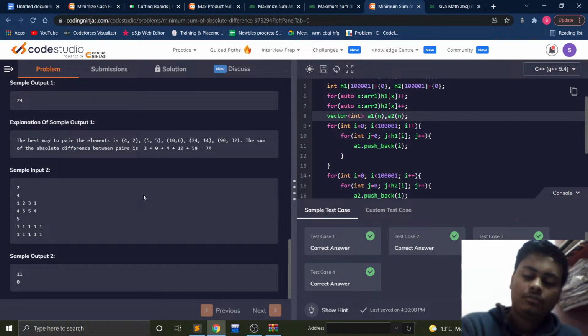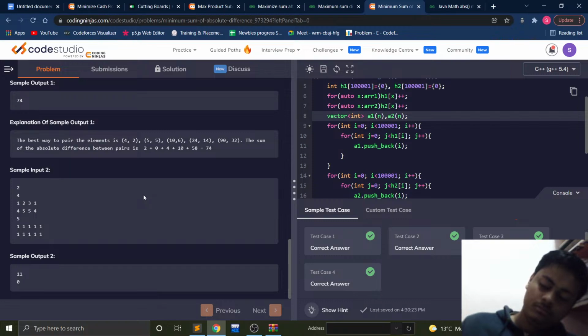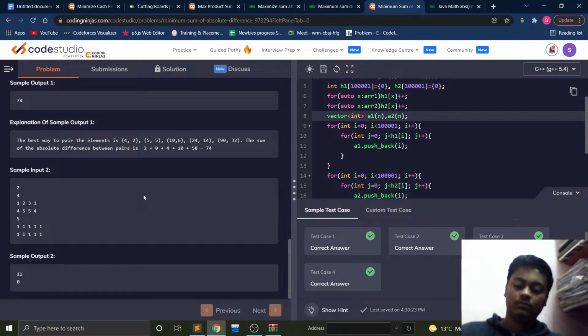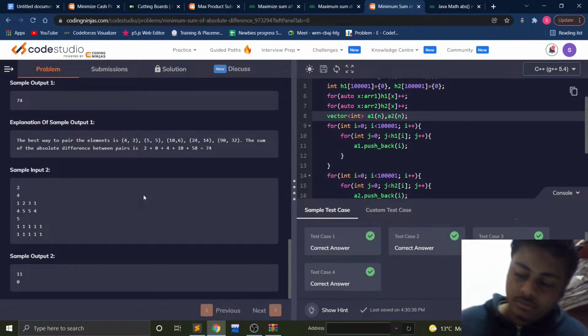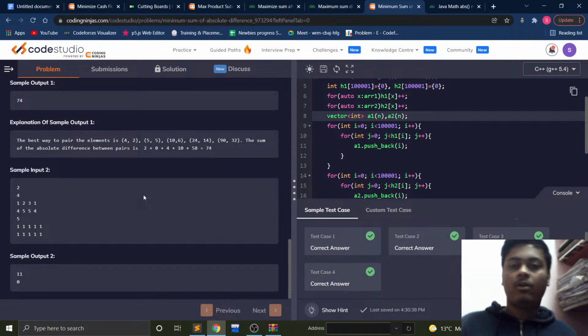I will do it 1000 times. Sorting is order of n. Let's say it is not order of n, it is order of 10 power 5. Sorting is order of 10 power 5, right? Yes, it is not n log n.